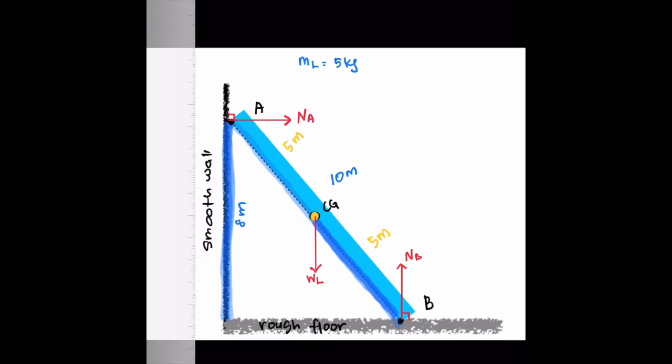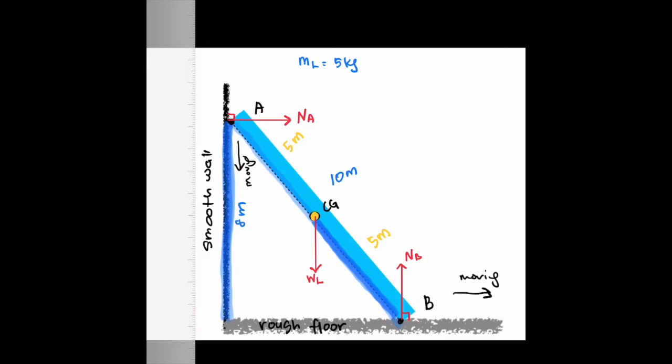And then we have another force, which is friction, because we have a rough floor here. As you can see, when the ladder is falling down, at the end of B the ladder will move to the right, and at point A the ladder will drop downward.